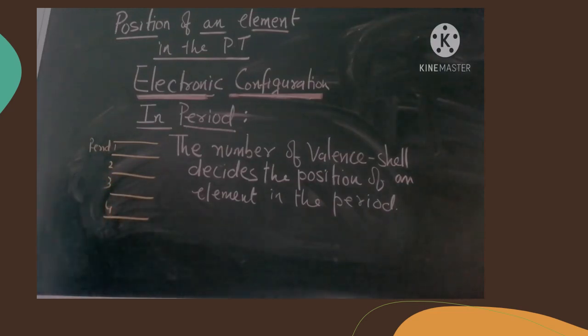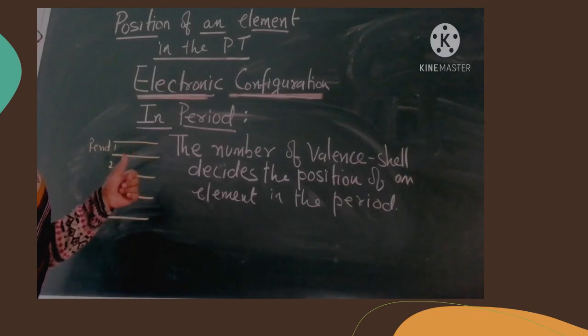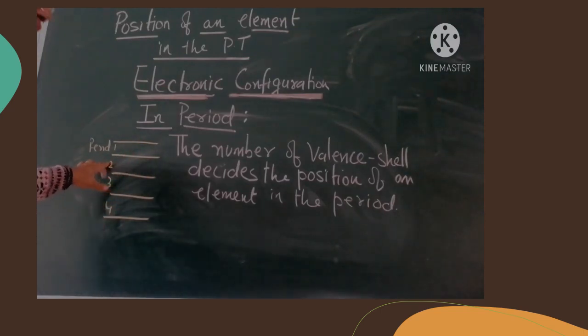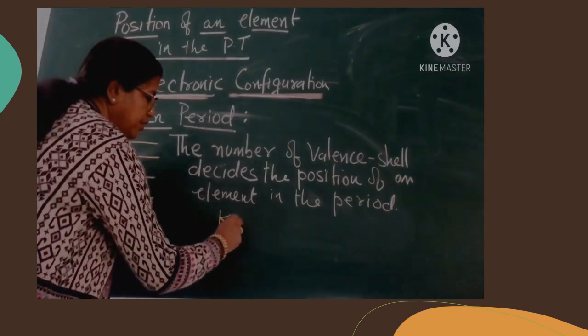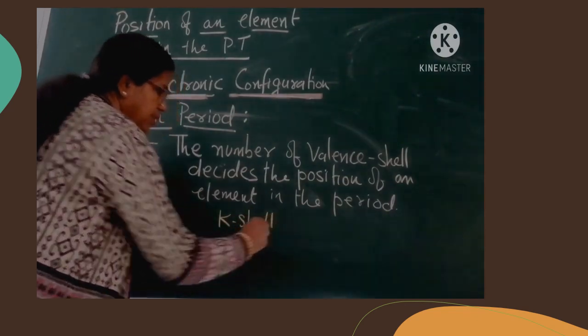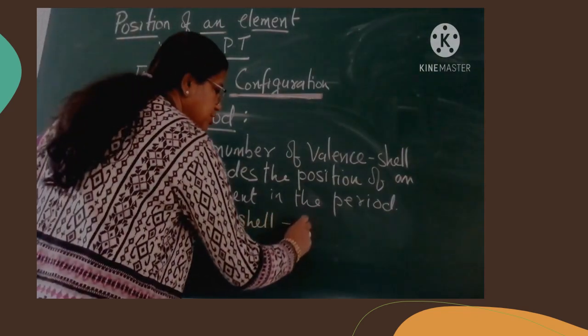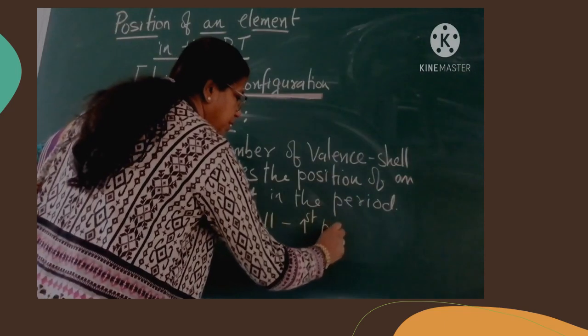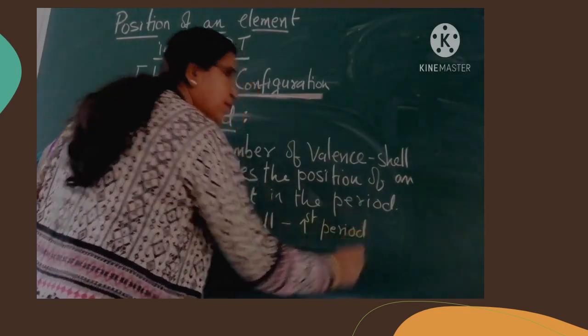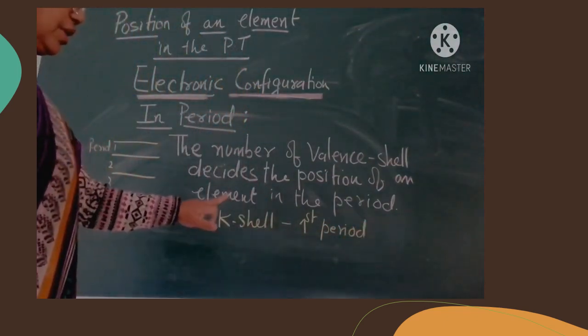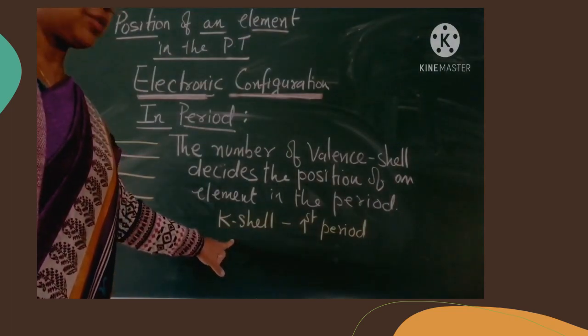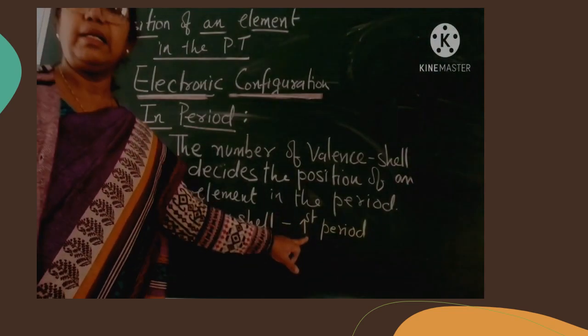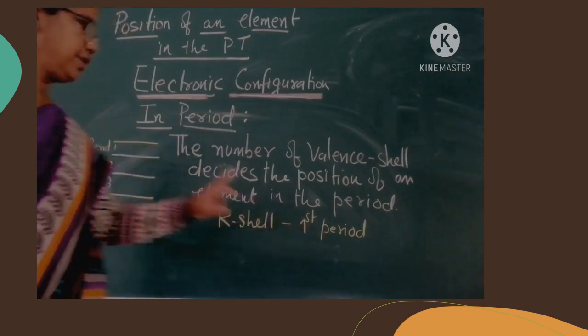For standard 10, you can go up to 4 periods. The first period has only one shell, that means the K shell represents the first period. When the valence electrons, that means the last electrons, are present in the K shell, then the period will be the first period.